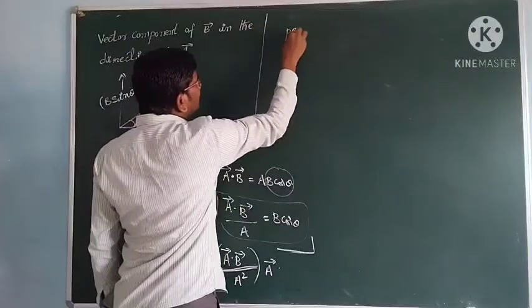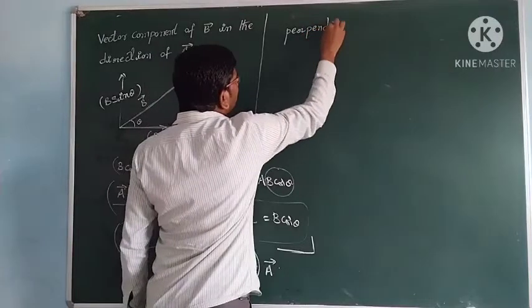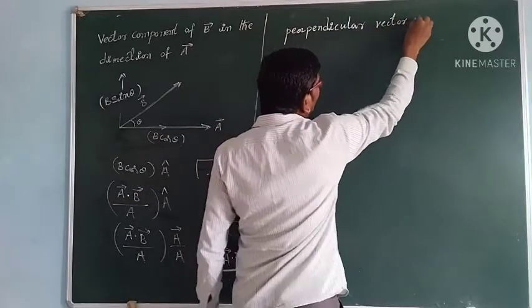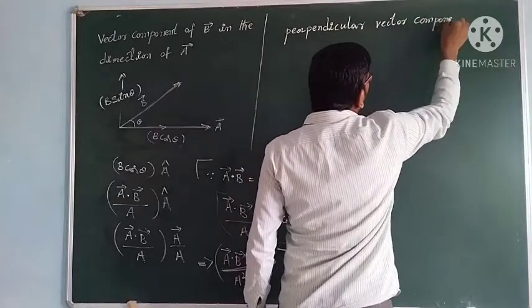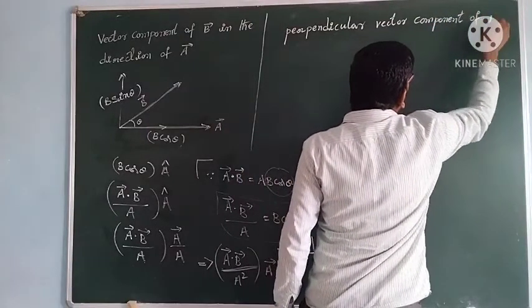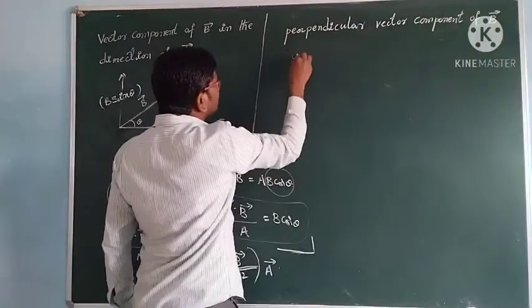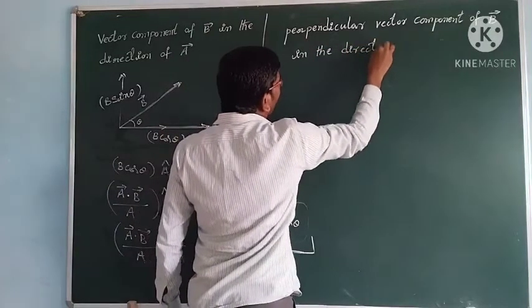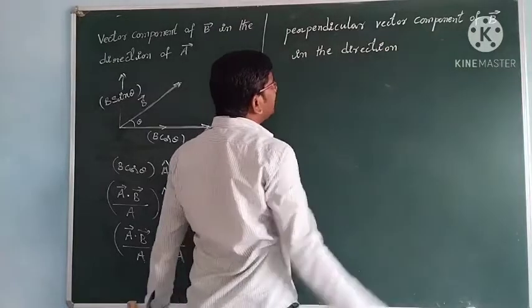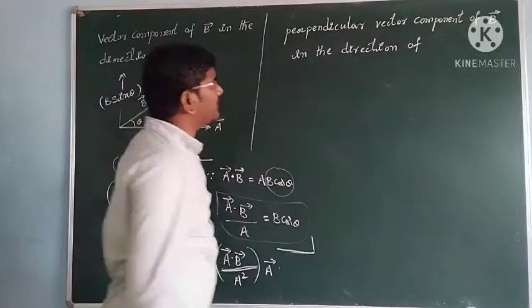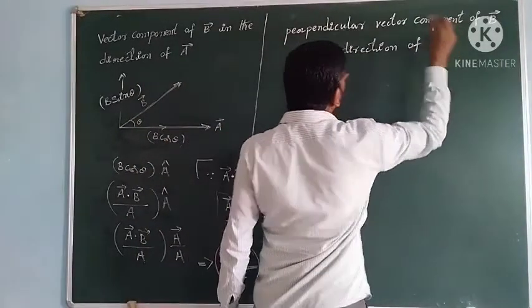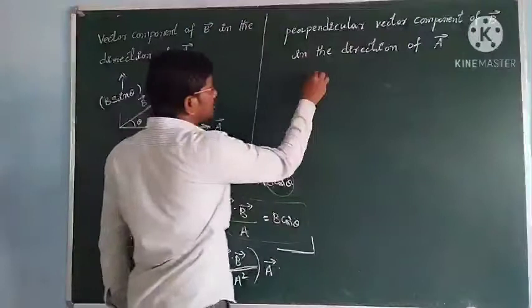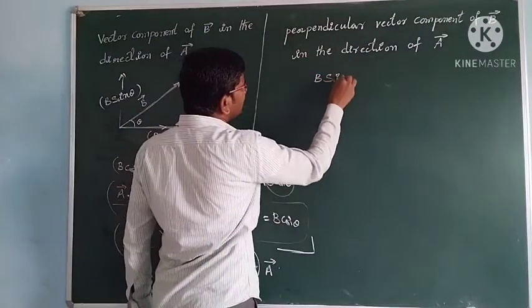The perpendicular vector component of B bar in the direction of A bar is called B sin theta.